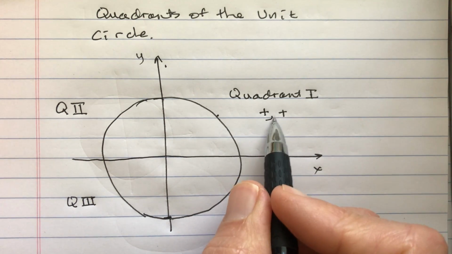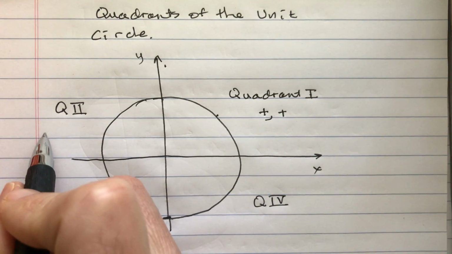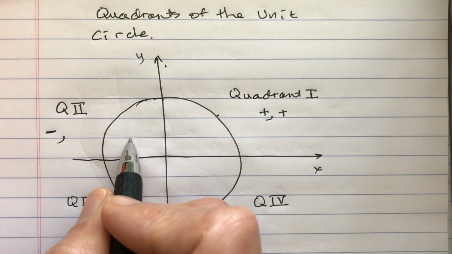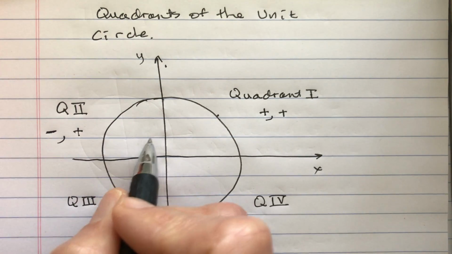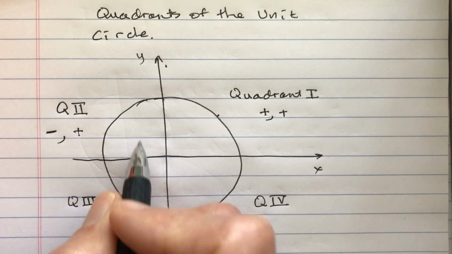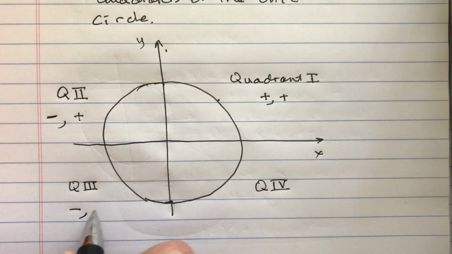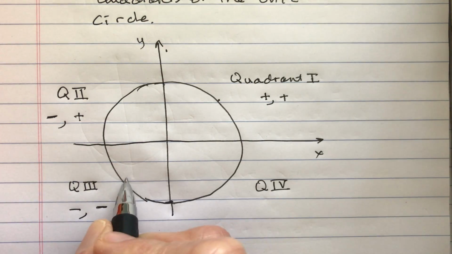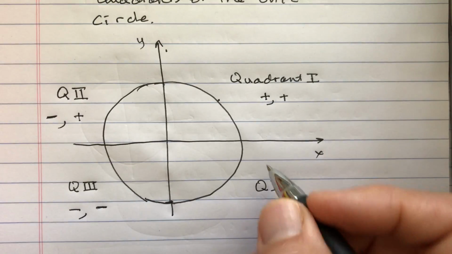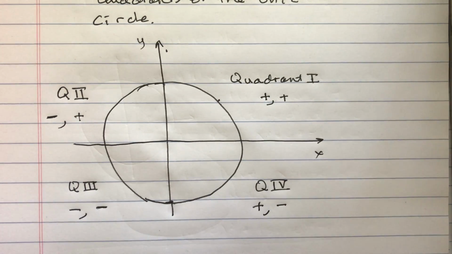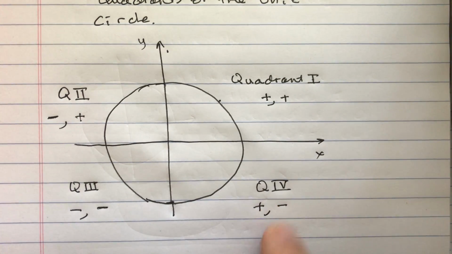On the other hand, in quadrant 2, the X coordinate will be negative and the Y coordinate will be positive, because X is moving to the left, and Y is moving up. In quadrant 3, both X and Y are negative because we're moving to the left and down. Quadrant 4, we're moving to the right and down, so we're going to get plus, minus.